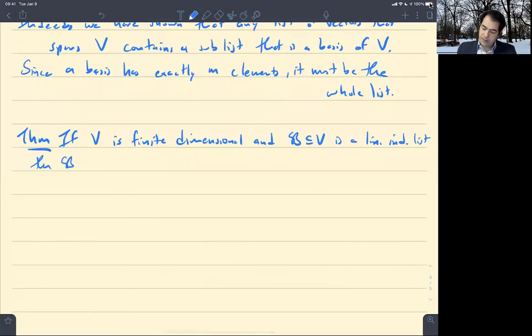Then B can be extended to a basis of V. Okay, so if you have a linearly independent set inside a finite dimensional space, then you can always add elements, staying linearly independent, until you span all of V.